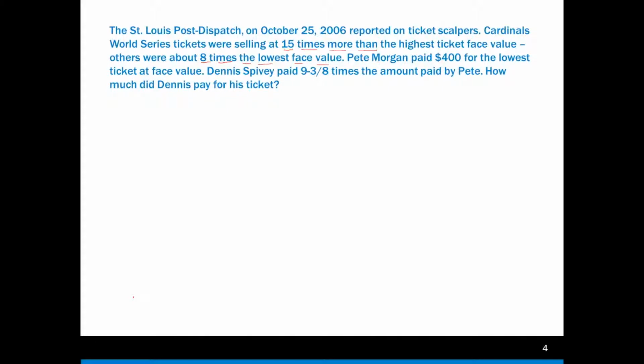Pete Morgan paid $400 for the lowest ticket at face value. Okay? Well, he's paying $400 for the lowest ticket.